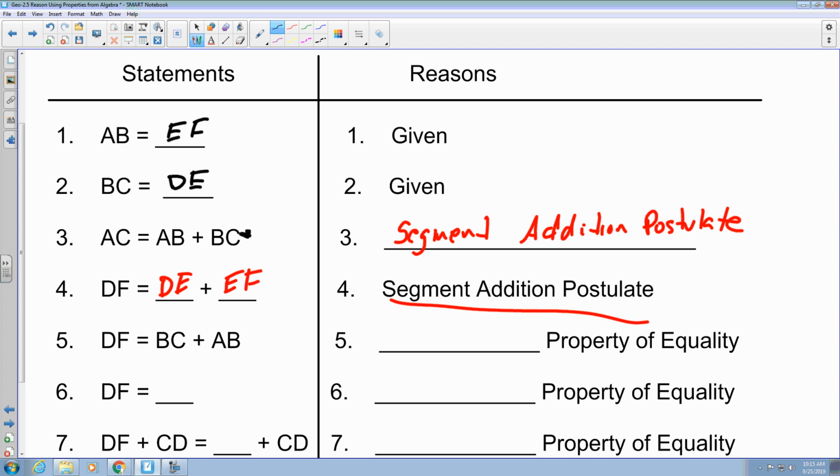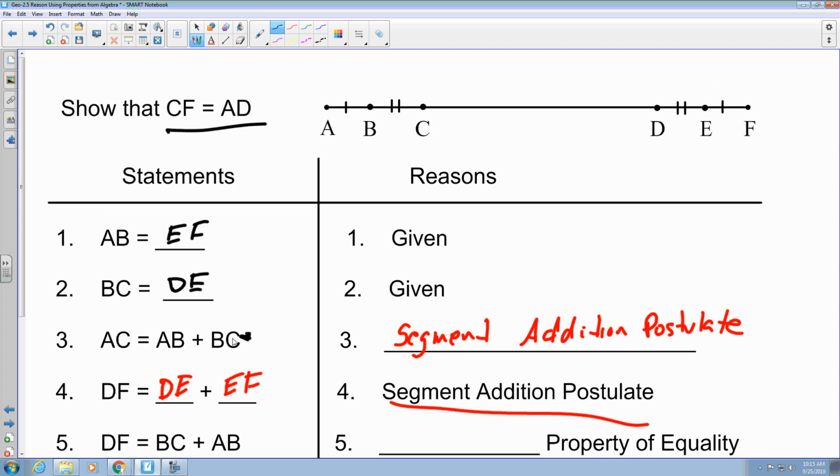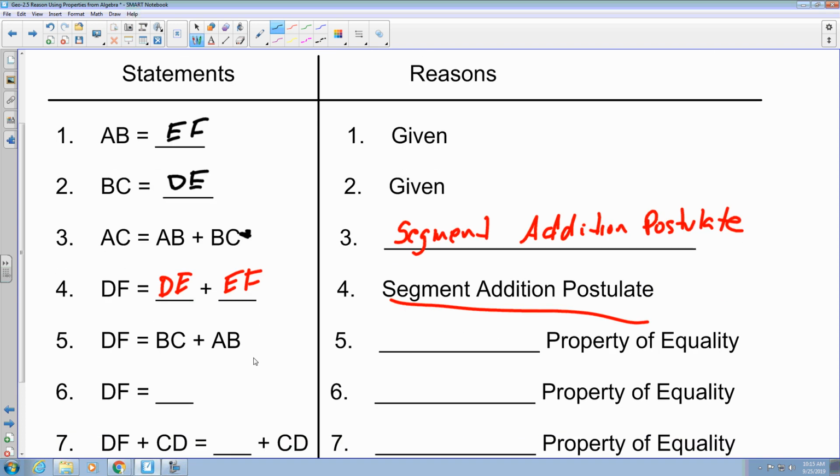What we can then conclude is, since these hash marks here are the same as these hash marks here, we can say that this comes from the substitution property of equality, which is what we talked about on the first page.